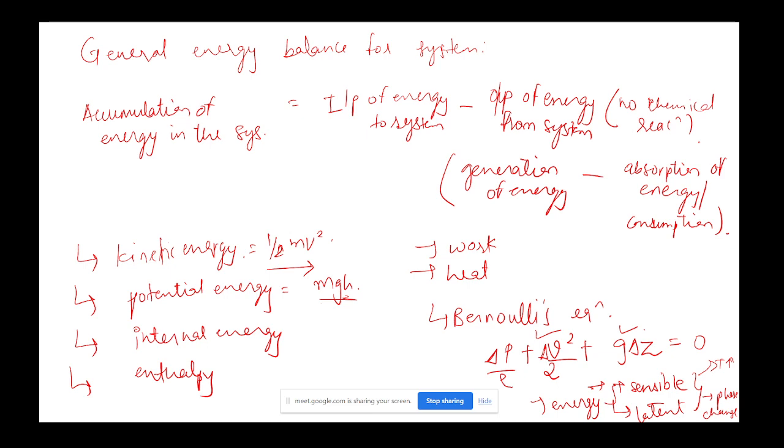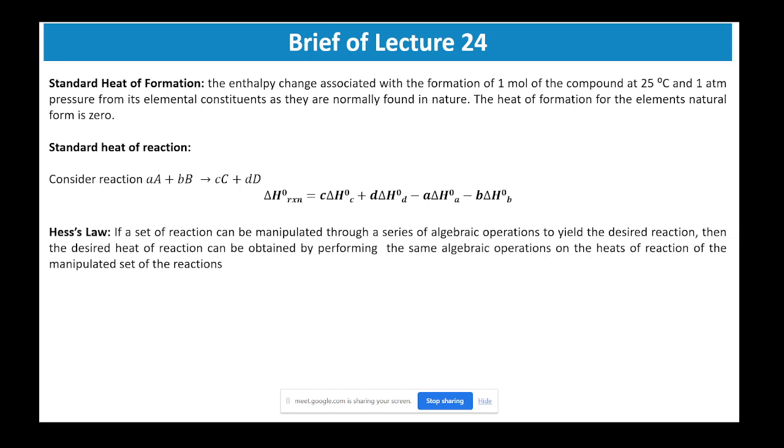Now moving forward, in any chemical industry, you encounter systems where you have chemical reactions, and for any chemical reaction there will be certain heat transfer occurring, or certain change in energy is observed.